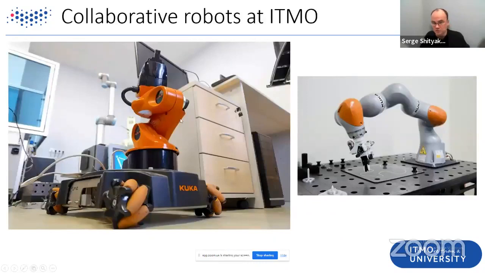So this is our robotic facility here at ITMO. It's called the QCA robotic arm, and you can program it to do chemical experiments.